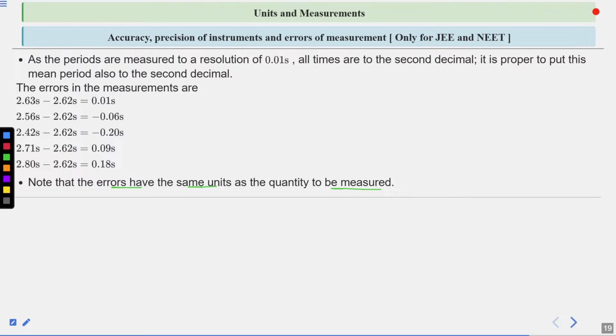Absolute error is the magnitude of the difference between observation and true value.